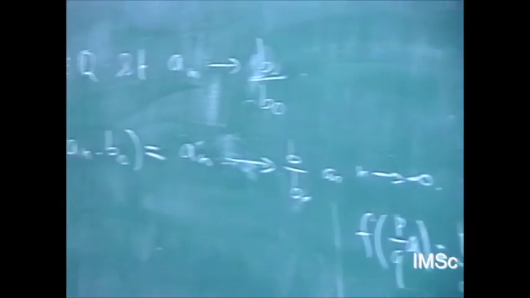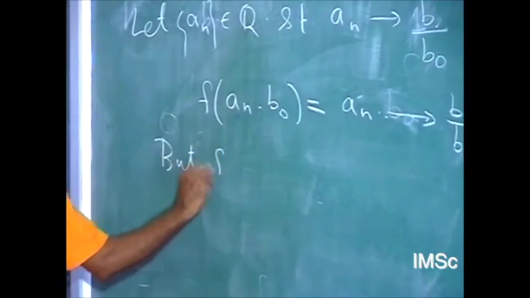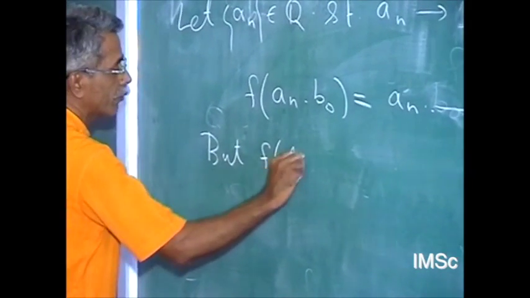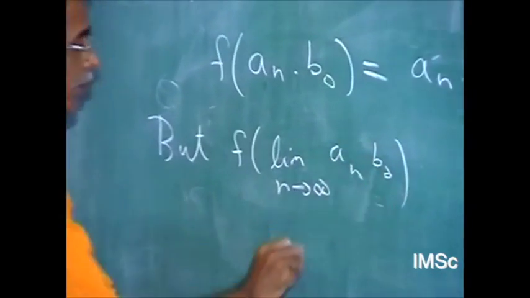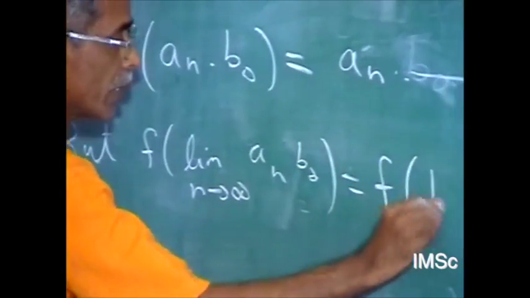But taking the limit inside, f of the limit of A n b naught is equal to f of b.